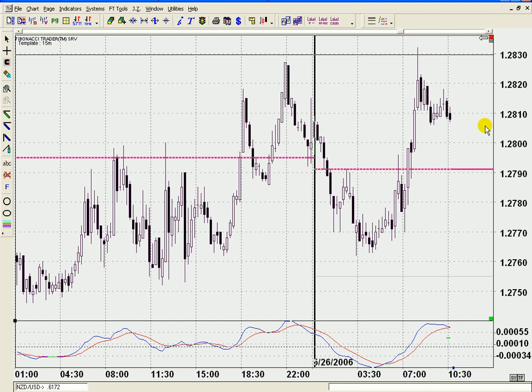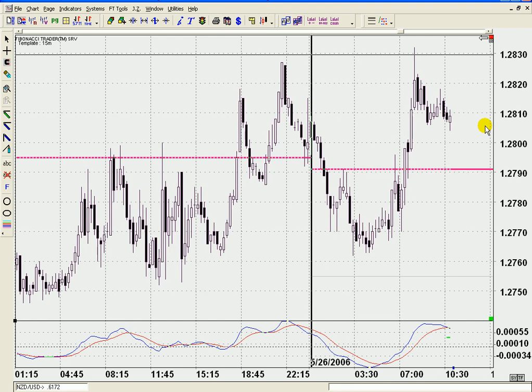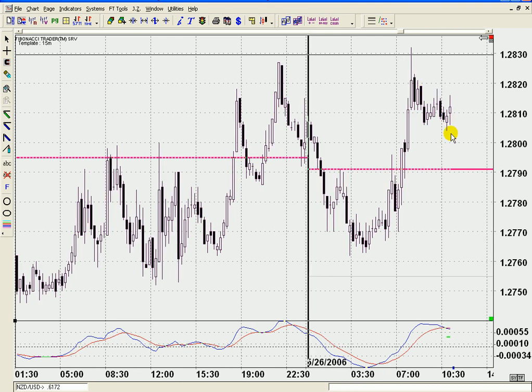Now we're starting to see it drift up a little bit. If you had made a trade somewhere up in this area or even in the 28.20 area, we are now hoping that it comes down here to fill us on our order.